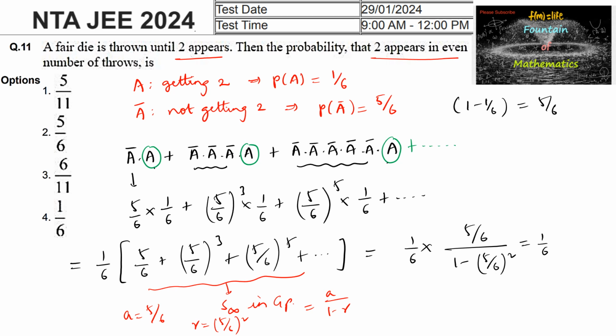That is 1 by 6 into 5 by 6 divided by 1 minus 25 by 36, that is 36 minus 25 divided by 36. So we can write 1 upon 6 into 5 upon 6 into 36 divided by 36 minus 25, which is 11. So 6 sixes are 36. So the answer is 5 by 11. So we can go with option A, 5 by 11.